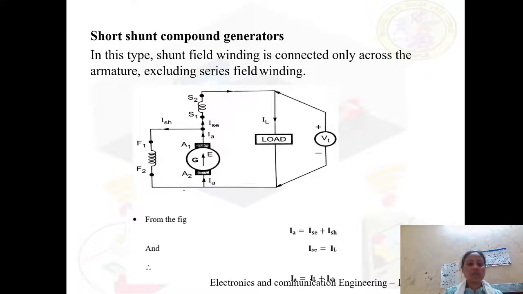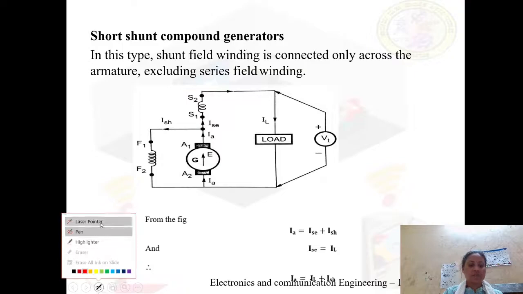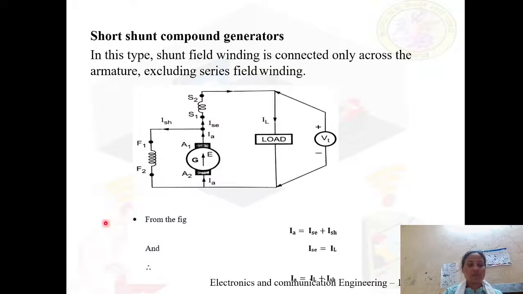I repeat, this parallel field winding is connected in parallel to the armature, and this entire parallel combination is connected in series to the other field winding. And for this combination, the load is connected.